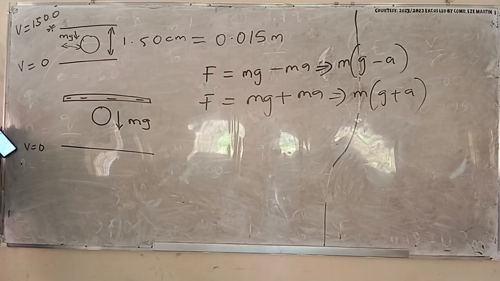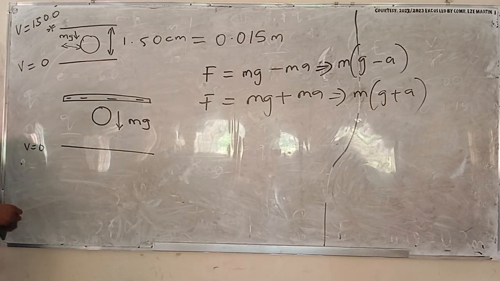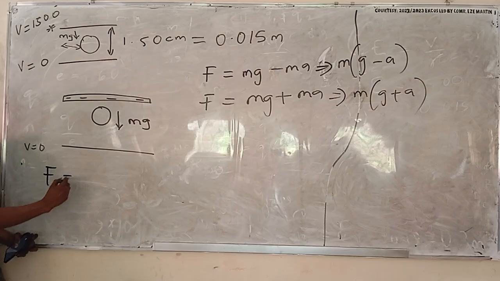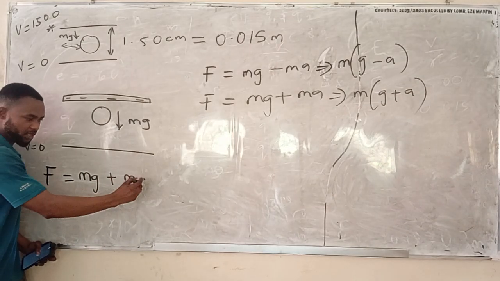So the same assumption is what we have for an oil drop. We are assuming that the electric field can make it stationary, and as it's coming down, it uses the same principle we use for an elevator. So as this is coming down, the force I'm supposed to have here is equal to mg plus ma.